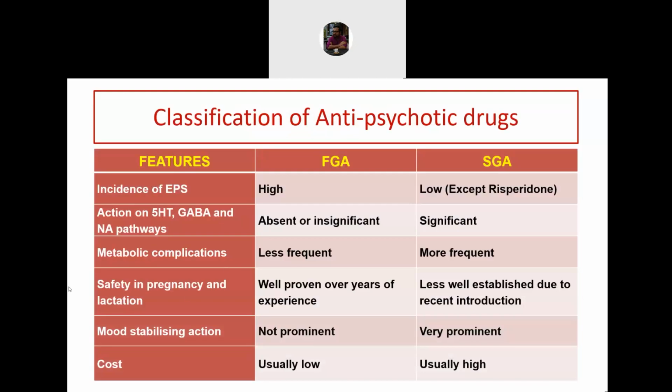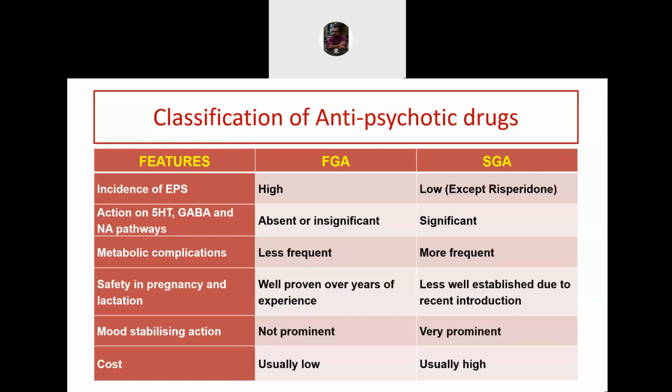Antipsychotic drugs are broadly classified into two categories: the first generation agent and the second generation agent. The fundamental difference between them is, in the first generation agent, extrapyramidal side effect like drug-induced Parkinsonism is very high. In the second generation agent, the extrapyramidal side effects are much less. That is the main difference.